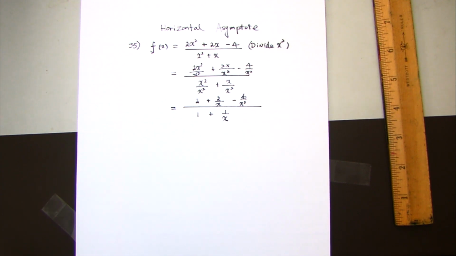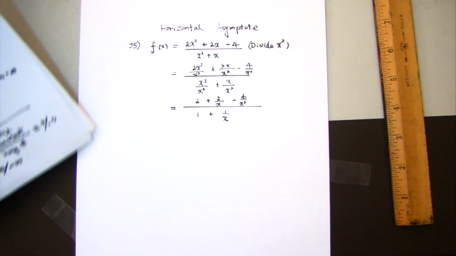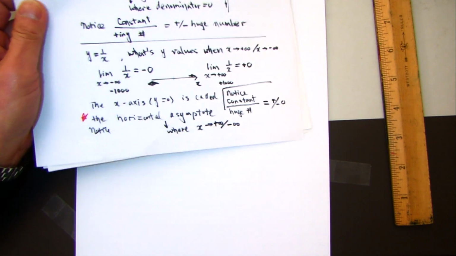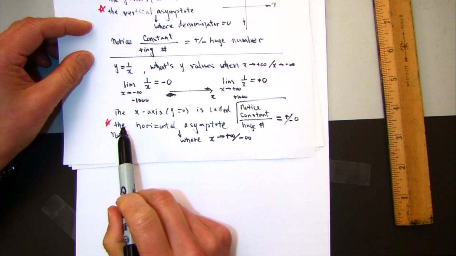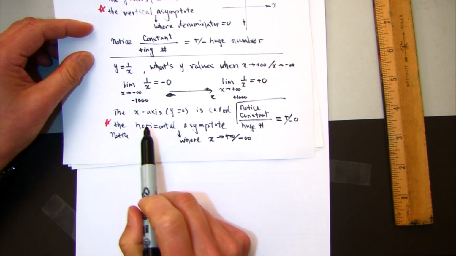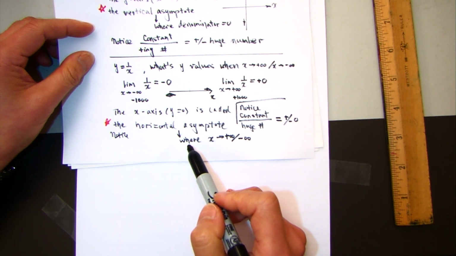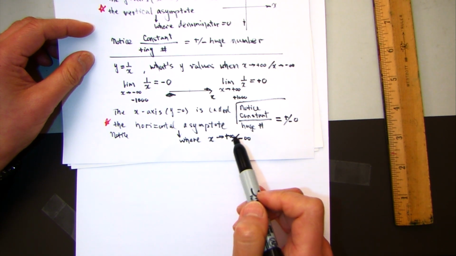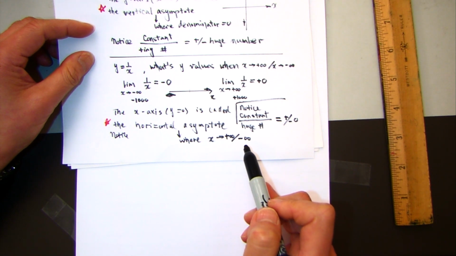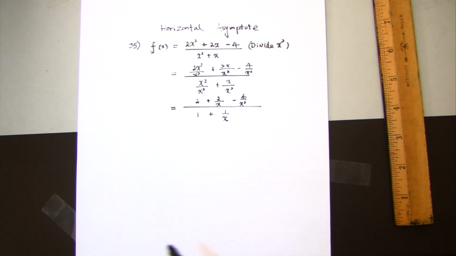Okay, all right. Now let me remind you one more time. We're looking for horizontal asymptote. With horizontal asymptote, it takes place where x approaches positive or negative infinity. So I need to find out where the y value is when x approaches positive or negative infinity.